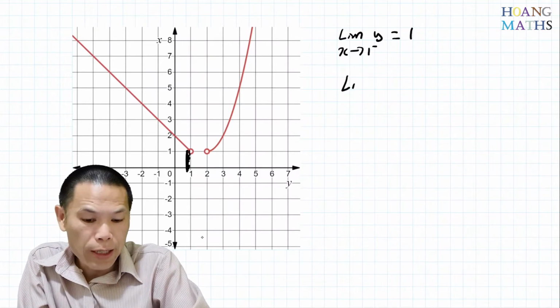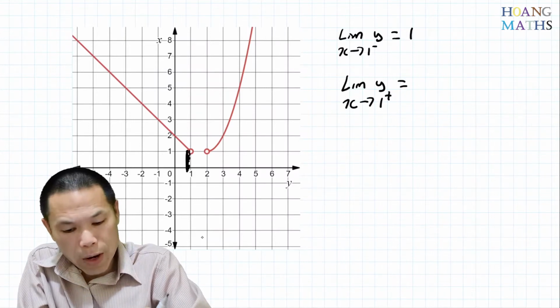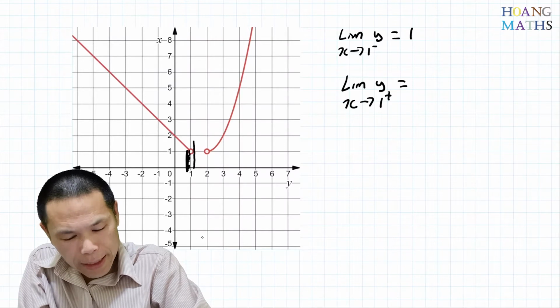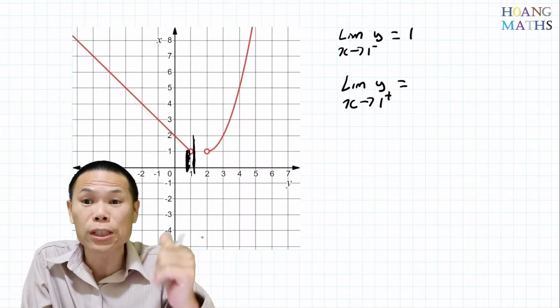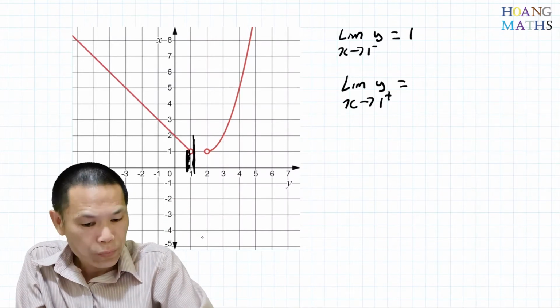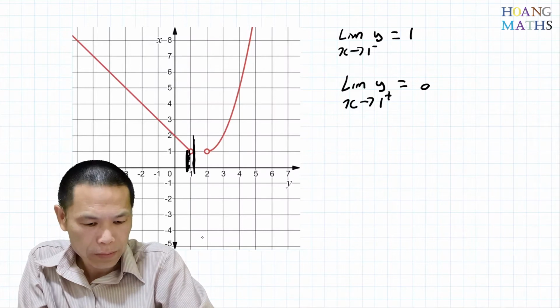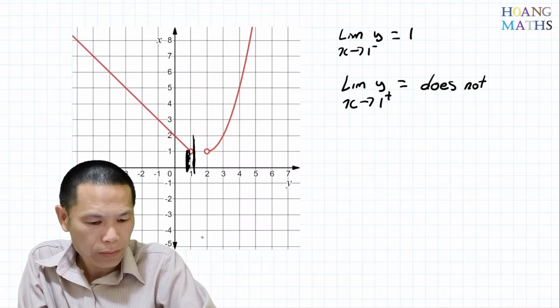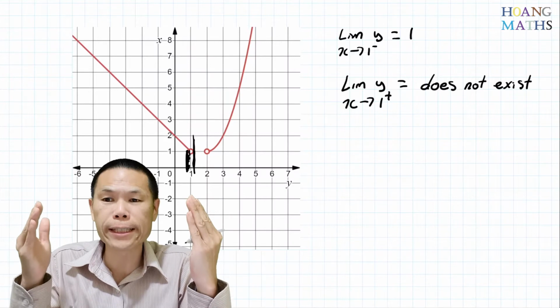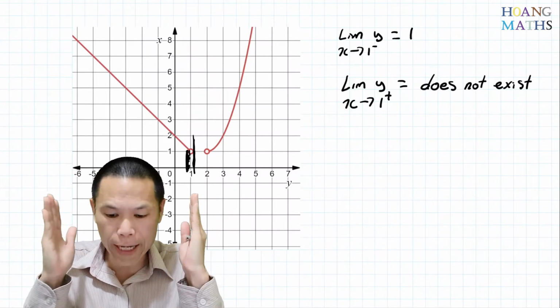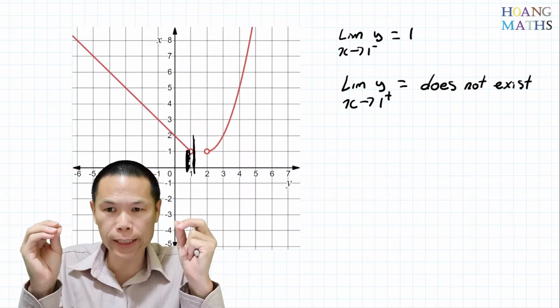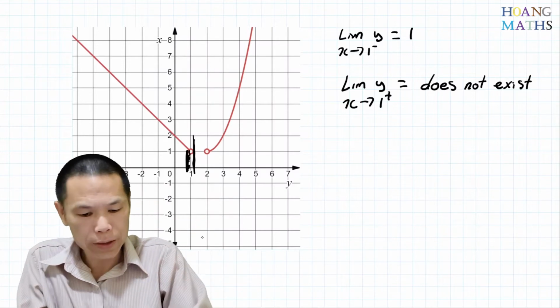But for the limit of y as x approaches the right-hand side of 1, what is it? On the right-hand side here, there is no function there. Therefore, it does not exist. So the limit at x equals 1 does not exist. Just remember that.